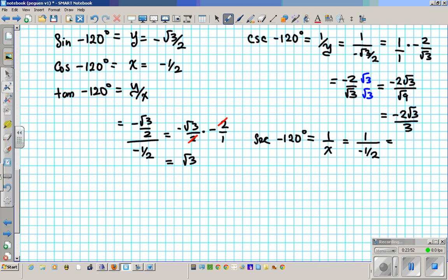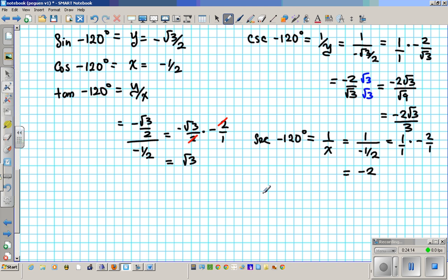You drop the top, 1 times, you flip the bottom, negative 2 over 1. That's multiplying by the reciprocal. I make this a 1 also so that they're both fractions. If I multiply across, that gives me negative 2. This one is nice because I don't have any radicals on the bottom to simplify.